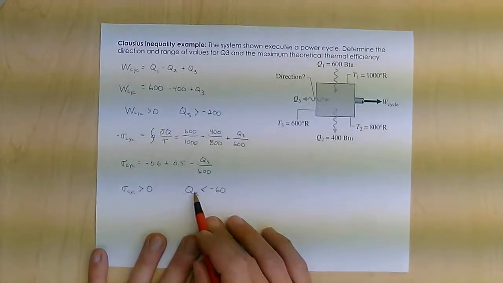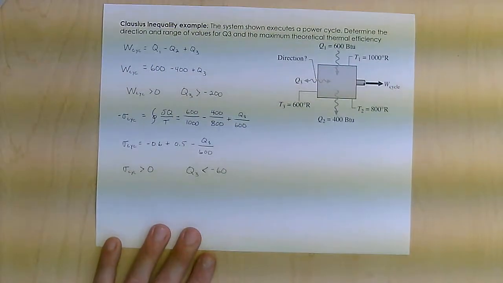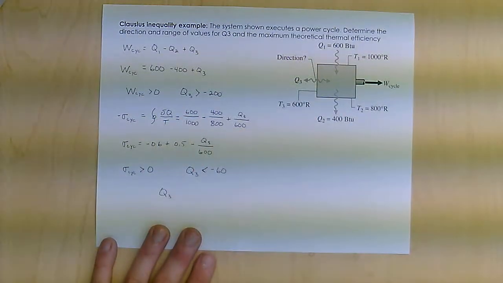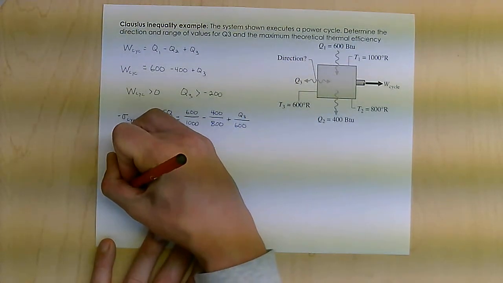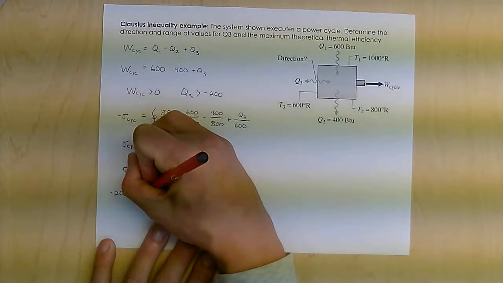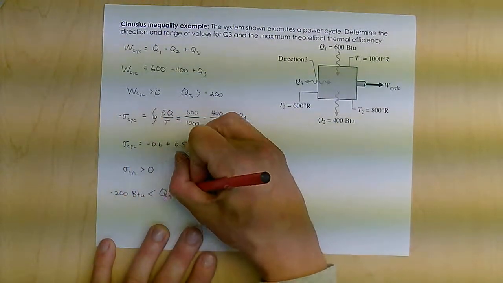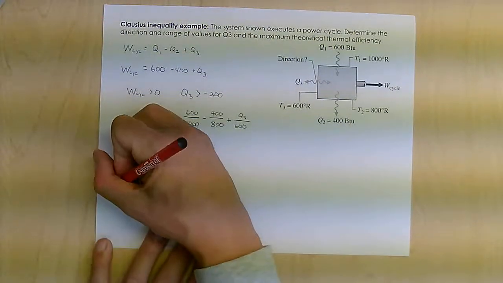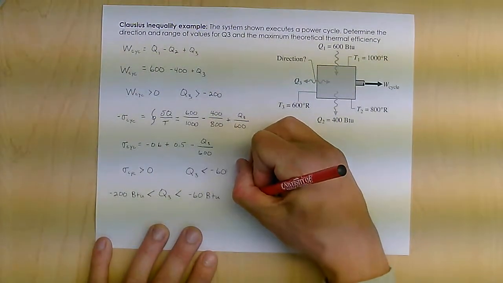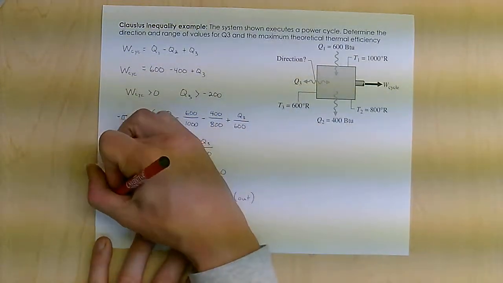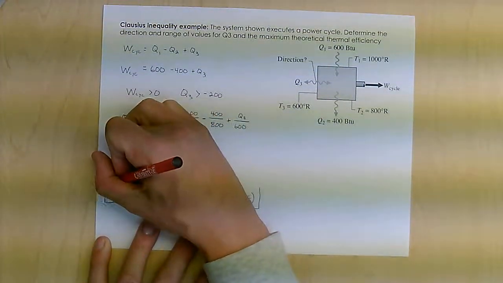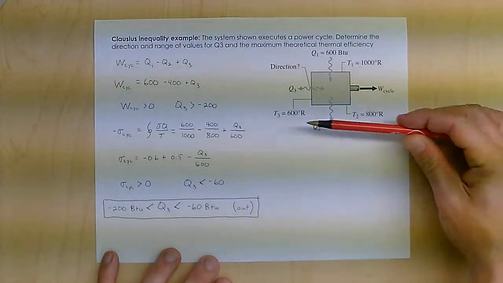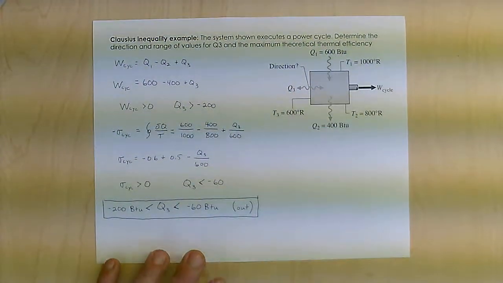So as long as this is less than negative 60, life is good for our situation. Therefore, what I have here is negative 200 BTUs and negative 60 BTUs. That's the range that Q3 can be. Therefore, it is Q out. That's heat out of the system because it's a negative value, so I definitely know the direction is going out on this one.